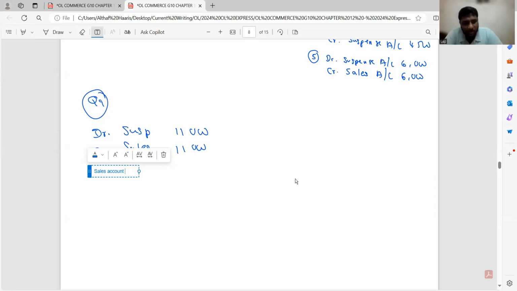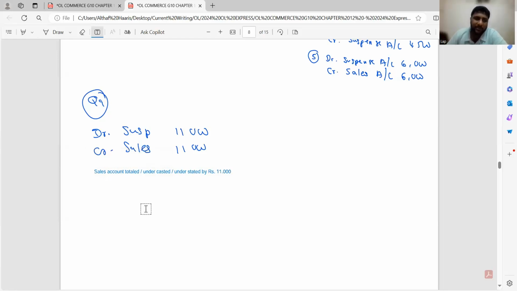Sales account total undercasted, or understated by rupees 11,000.